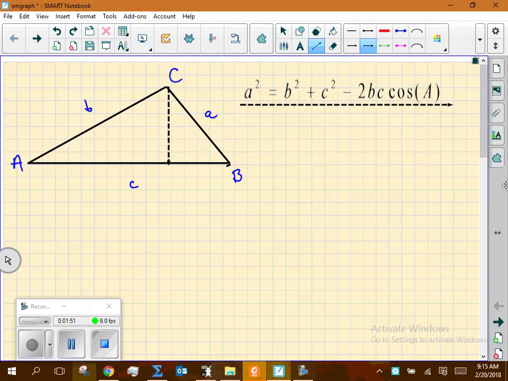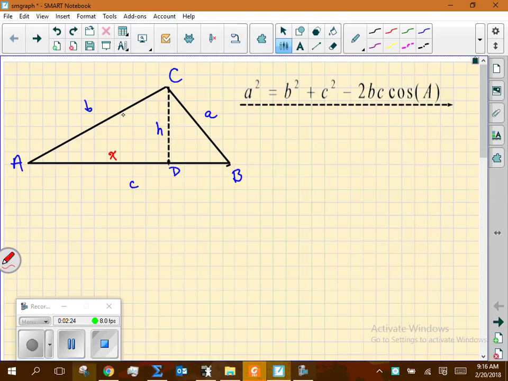Now I'm going to call that dotted line h. And I'm going to call this point down here capital D. Not a huge necessity to have capital D there, but I'm going to put it in. Now I want to talk about A to D. I want to have a variable for that distance, so I'm going to call that x.